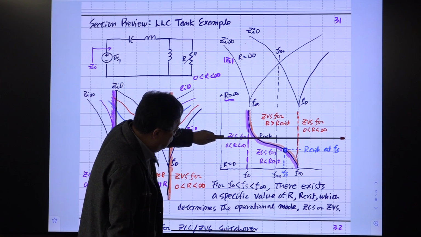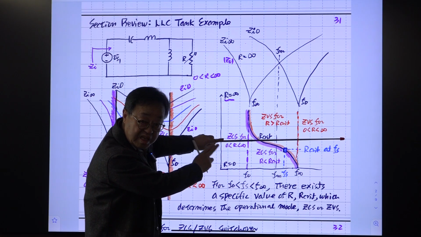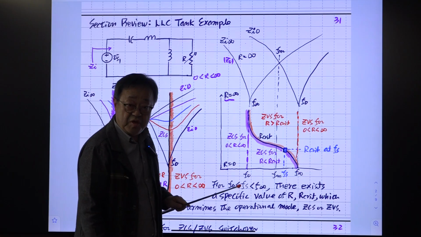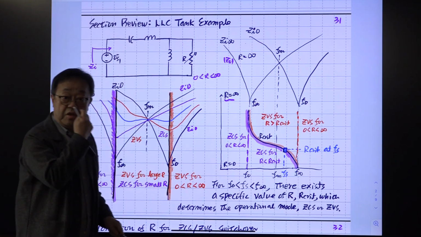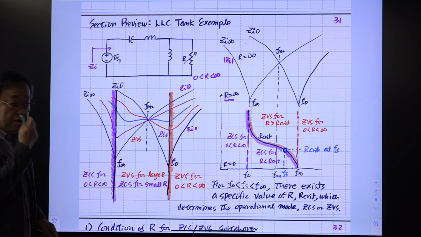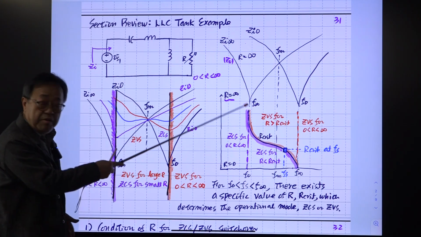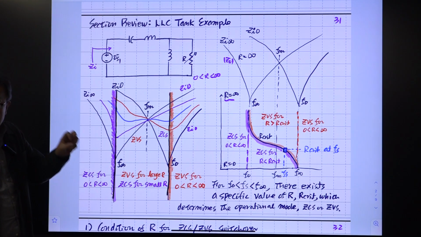But at that, you can evaluate that frequency exactly. Then above that value, the converter is in GBS. Below that, the converter is in GCS. Okay. So knowing the equation of this is very, very critical to judge the operational mode of your converter.